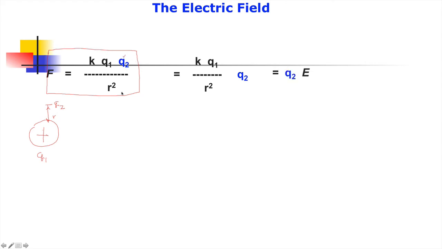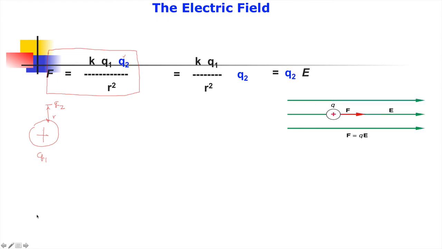Now the electric field is defined as the following. The electric field of a certain object, E, is equal to the force divided by the test charge, in our case Q2.